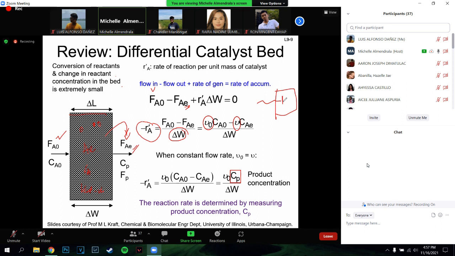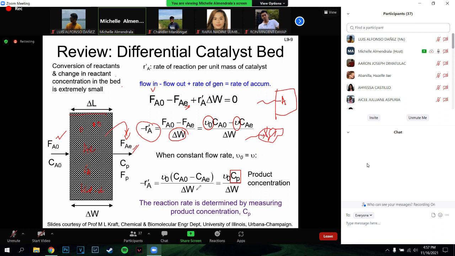But if it's a packed bed, your catalyst is responsible for the faster reaction. Your catalyst is porous, so your reactant has to penetrate inside the catalyst pores, where it will be adsorbed first. So the reaction is actually happening on the surface of the catalyst.